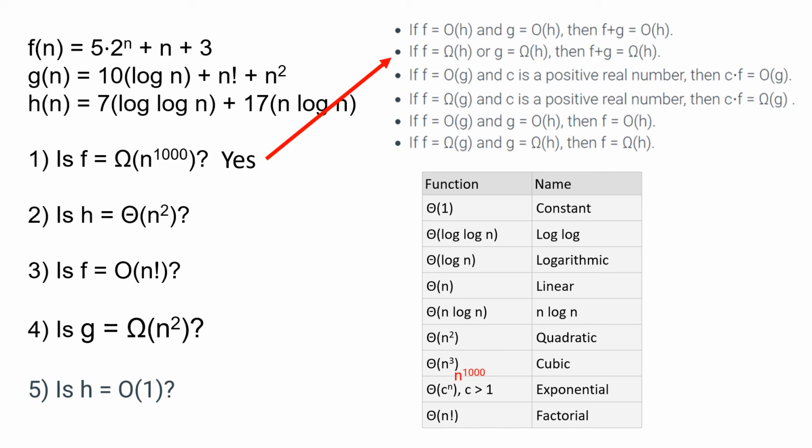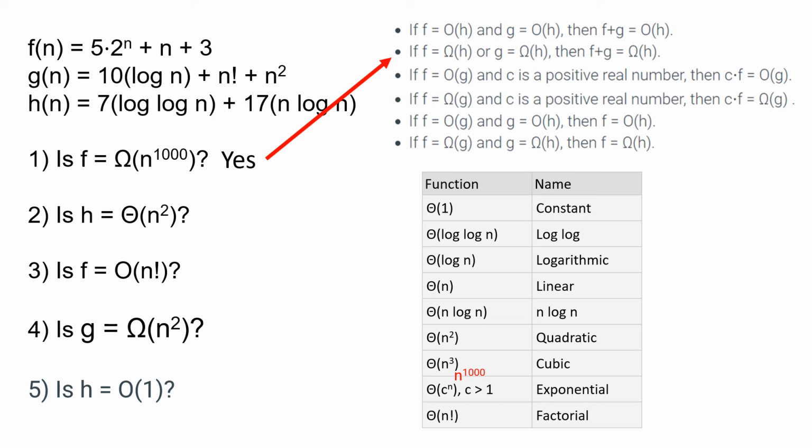Now, what does it mean to be omega of n to the 1000? That means n to the 1000 would be a lower bound, that something in f would grow quicker. Well, it turns out this 5 times 2 to the n, the exponential function, grows more quickly than even n to the 1000.